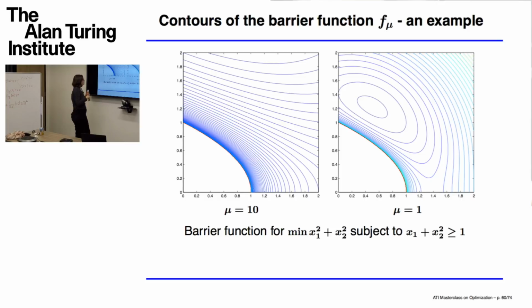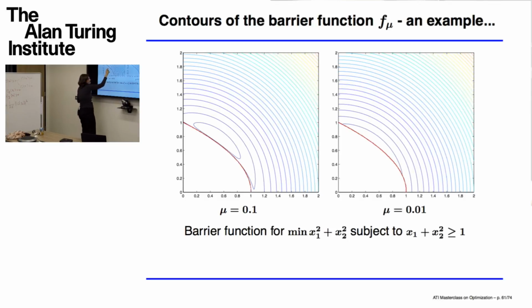And this is the barrier for mu equals 10. The minimizer of the barrier is far from this constraint here. Then I decrease mu, and the minimizer of the barrier is here. Then I decrease mu again, and I'm starting to approach the minimizer of my problem.